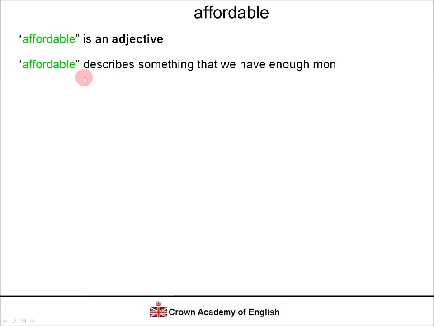So affordable describes something that we have enough money to buy. Because an adjective modifies a noun or a thing. So affordable describes the noun or the thing or the action, the activity that we have enough money to buy.